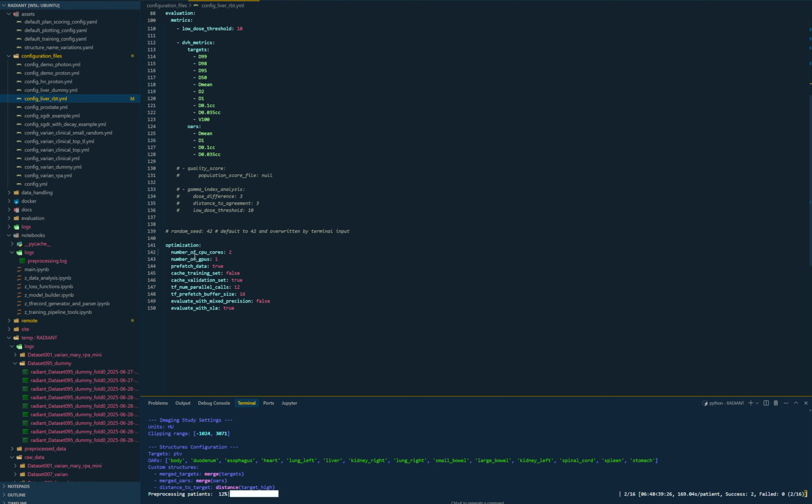And something else. In the optimization section, we also have other things that I didn't discuss, like prefetching. I wouldn't recommend changing this too much. Prefetching is when your pipelines prepare data for the GPUs ahead of time, so that the GPU, once it finishes processing an input, has another input ready to go, and it doesn't have to wait for the CPU to process it.